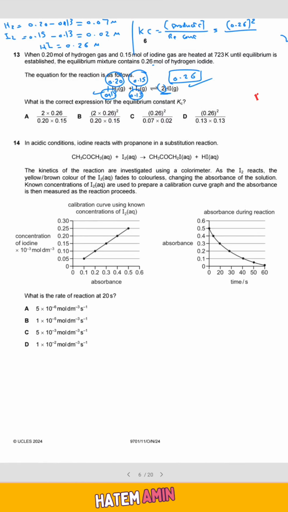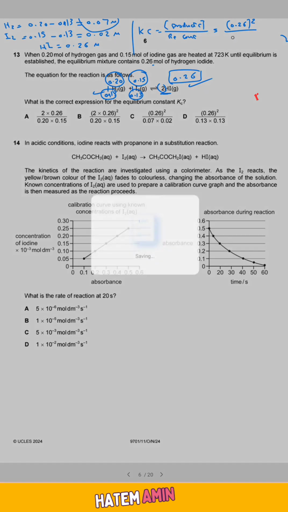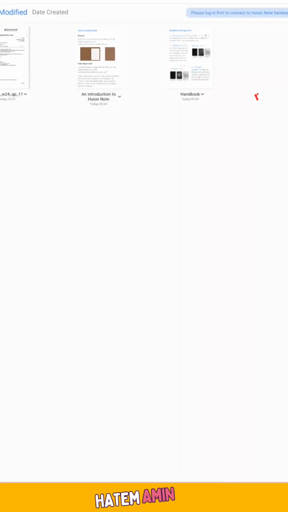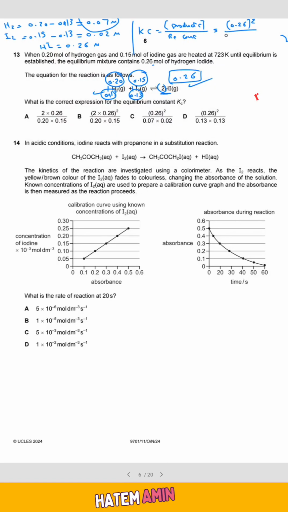We have 1 hydrogen and 1 iodine, and we determined the hydrogen is 0.07 and the iodine is 0.02, so 0.07 multiplied by 0.02. This is the correct expression for the Kc.